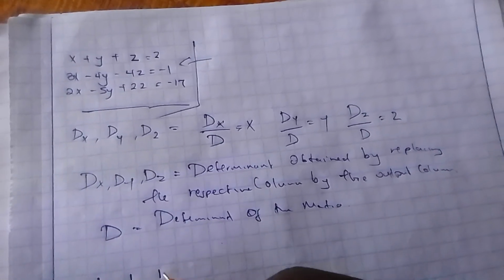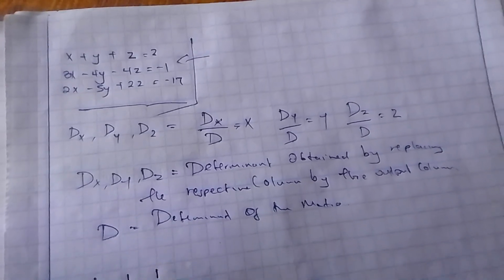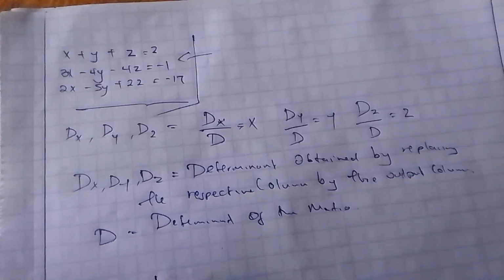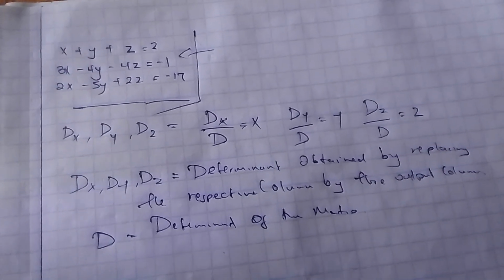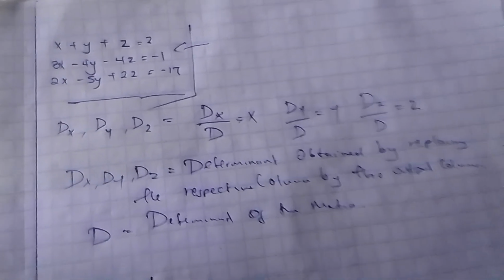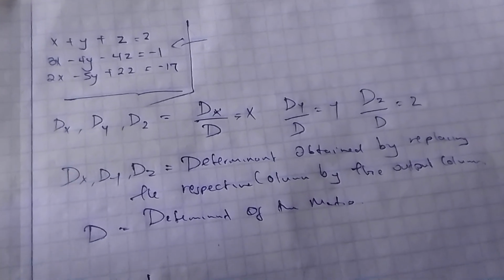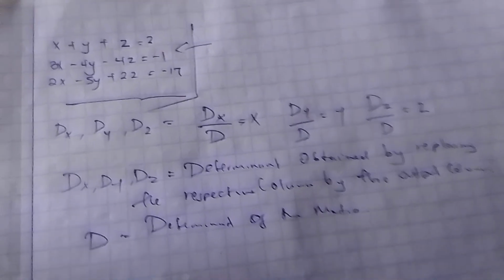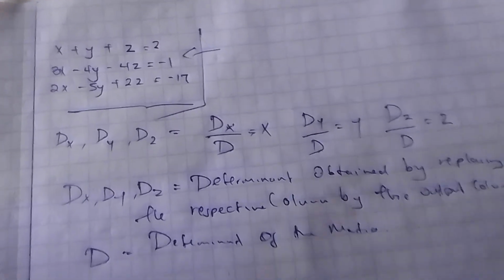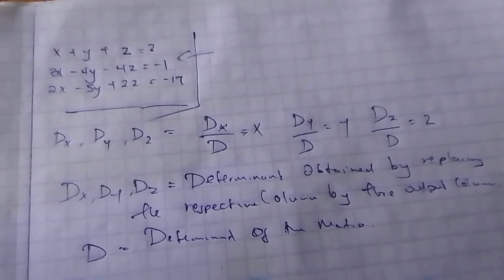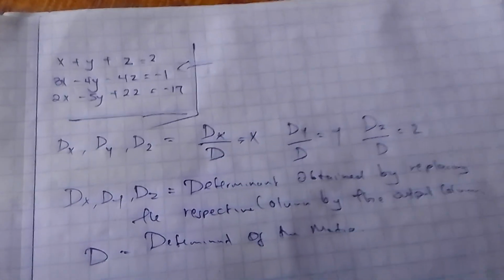You ignore the variables and keep the coefficients, down to -5 and positive 2. So this is how you convert it to the matrix.